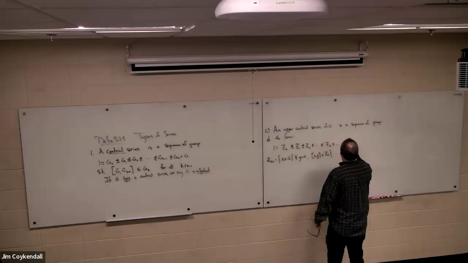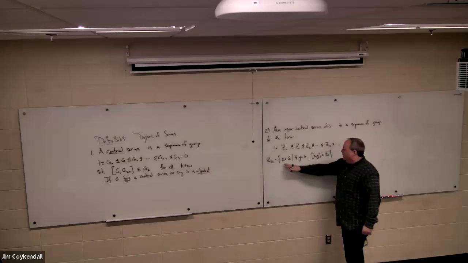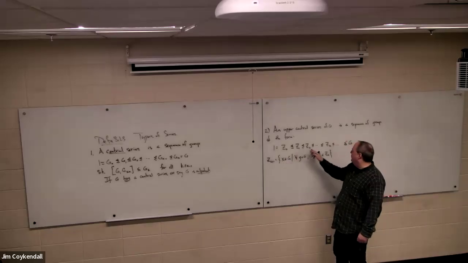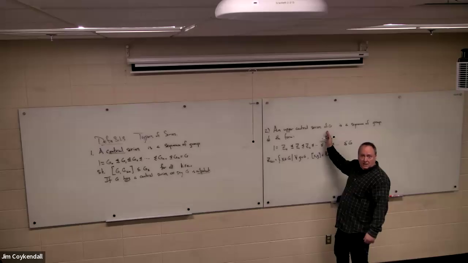Notice, of course, all these groups are in G, right? Because Z(k+1) is defined to be all x in G. So no matter what, all these things are contained in the G that we start with, right?